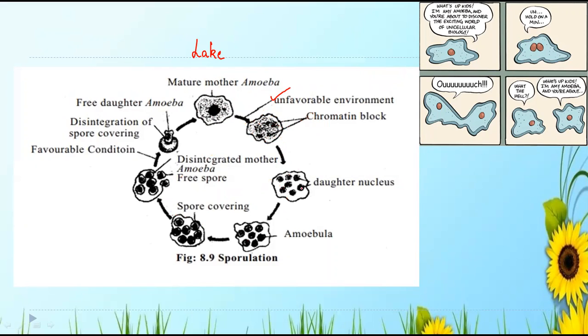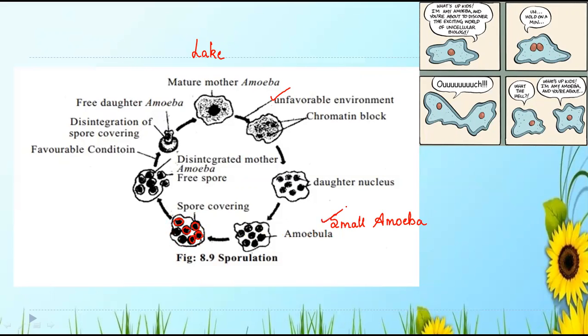The daughter nuclei which are divided form amoebulae, which are nothing but small amoebae. A hard covering forms around each spore. You will learn this under sporulation.